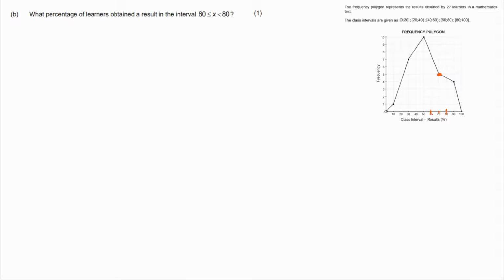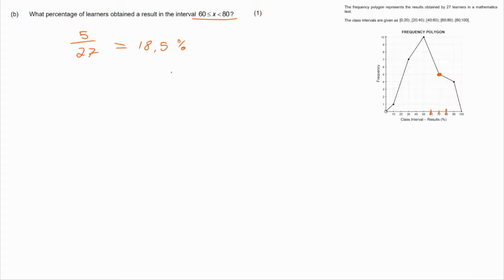There are 5 students that fall in this interval, out of the total number of students, 27. So 5 over 27. We have to times by 100 because I asked for the percentage, and we get 18.5%.